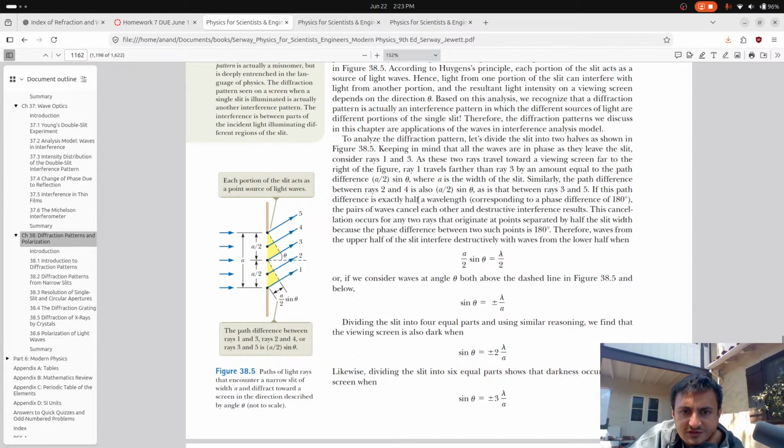If this path difference is exactly half a wavelength, corresponding to a phase difference of 180 degrees, the pairs of waves cancel.